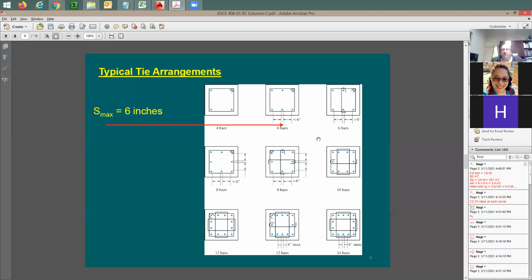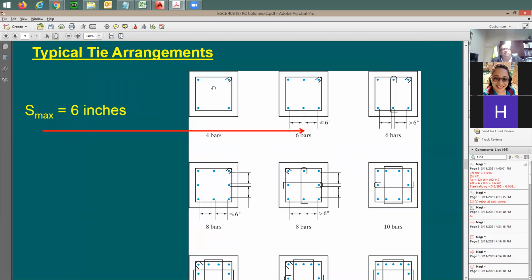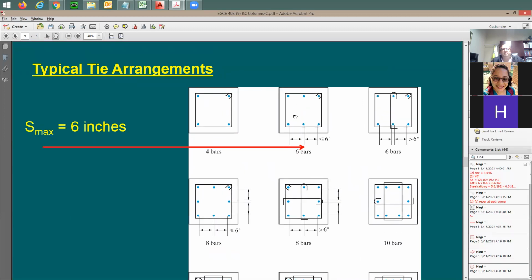So what happens if you go more than 6 inches? So I'm going to go here to this case. Let's say to this case. What happened? If the spacing between the vertical bars is going to be more than 6 inches, what would you do? It means that this bar is going to open this way.